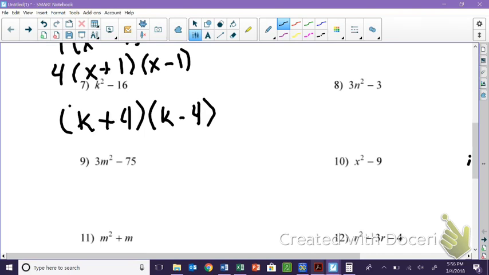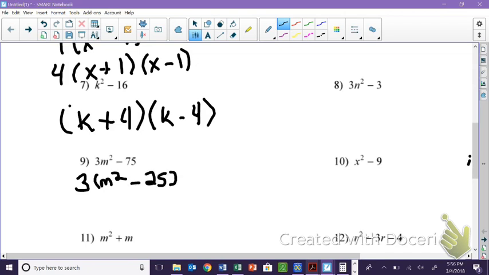So we need to GCF the 3, and it will become 3 times m squared minus 25, close parentheses.